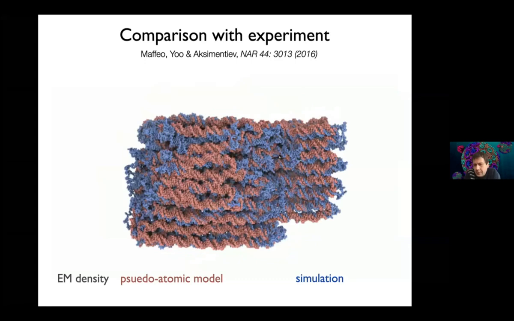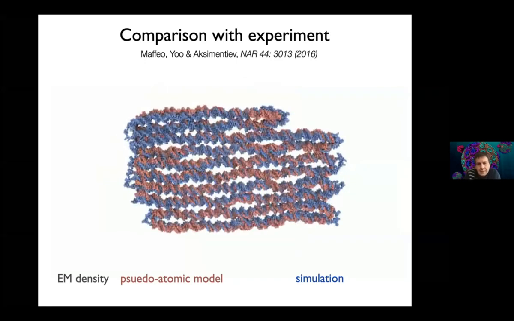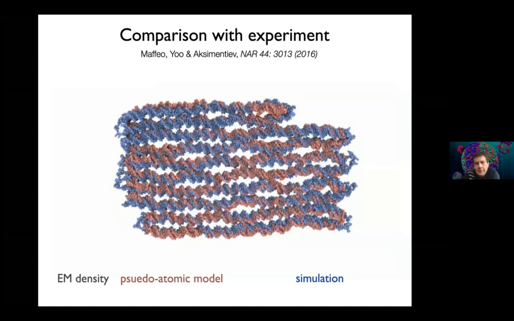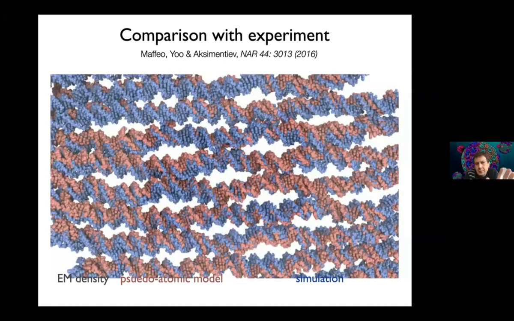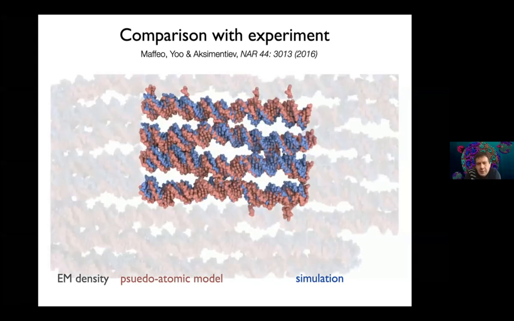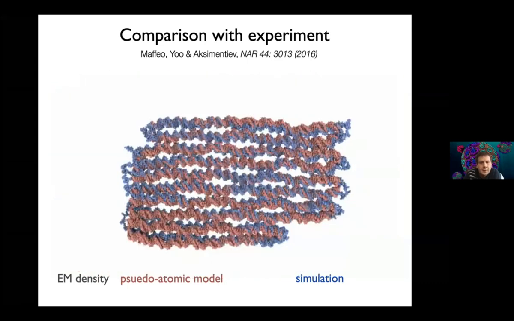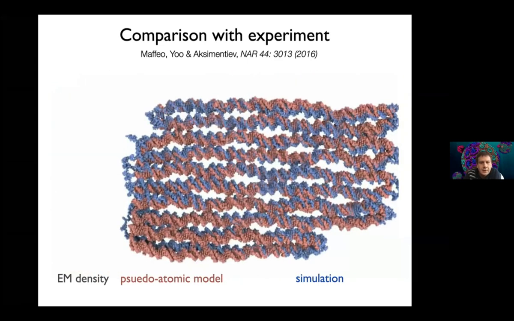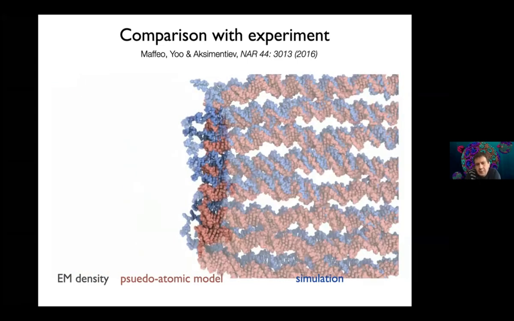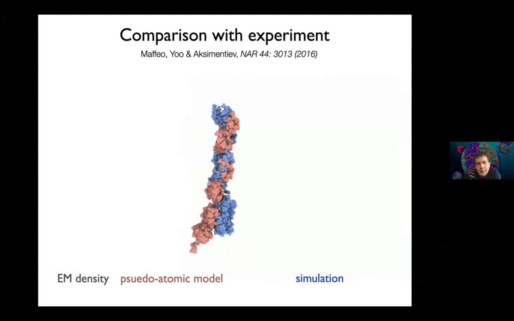One thing you can see is that we have more atoms in the simulations than in the experimental structure. That's because the parts at the end cannot be resolved. But all those Holliday junctions, the splaying of the helices also at the end of the structure, we could reproduce directly. This is a stack of Holliday junctions that was made there by Henrik Dietz on purpose to see what happens.